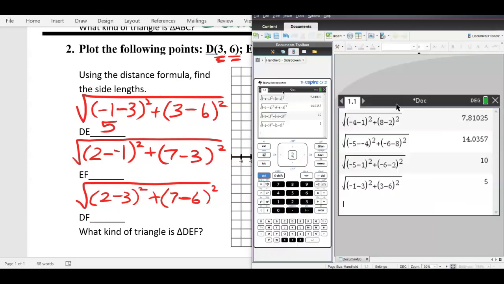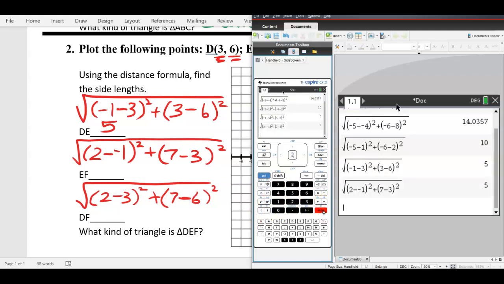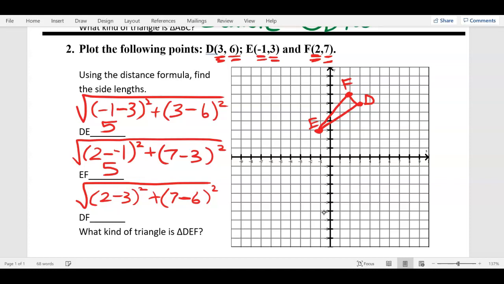Exactly. Cool. EF, square root, parentheses, 2 minus negative 1, parentheses squared, plus, parentheses, 7 minus 3, parentheses squared. I got 5 again. So DE and EF, those are the same. Put tick marks there. Why not?